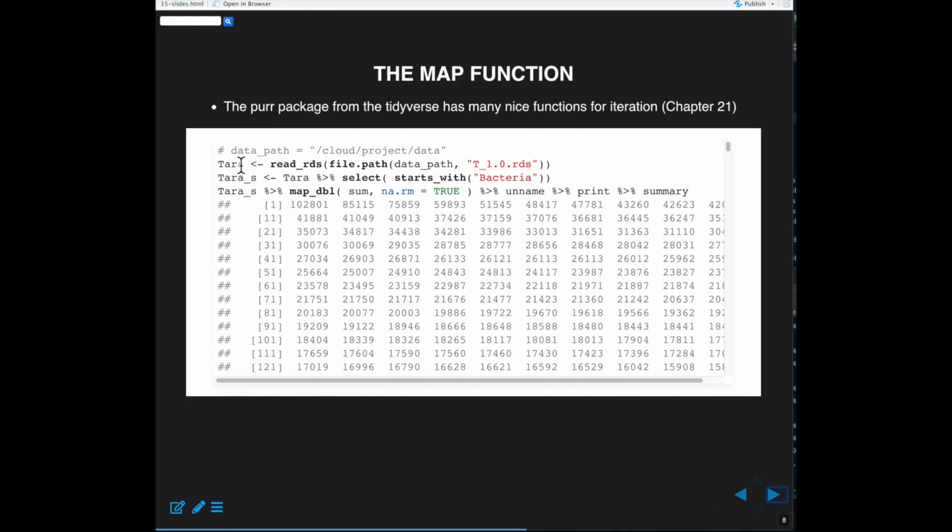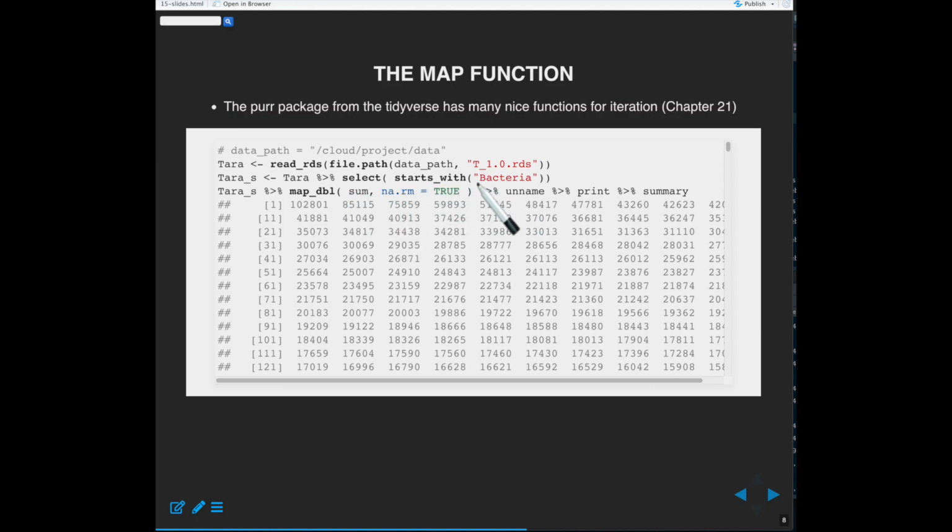Here, I'm just loading the Tara data set, our Tara Oceans data set, and I'm going to select all the columns that begin with bacteria. So that's all the species, all those columns, not the salinity, oxygen, etc. That's just a straightforward select.